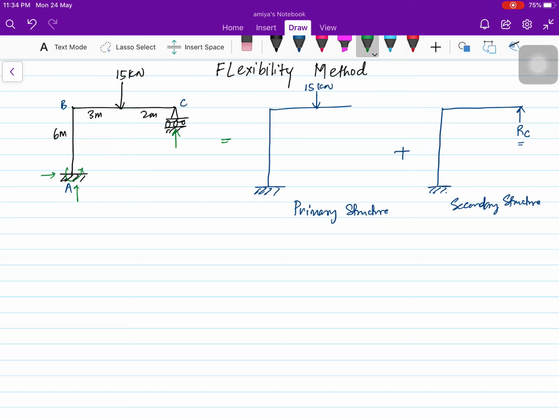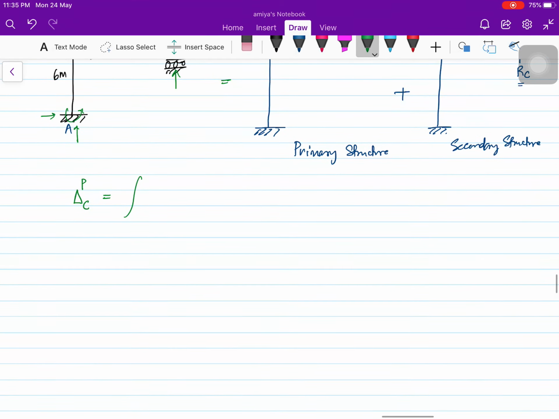For the primary structure we are going to use the virtual force method. So let's take the deflection at C for the primary structure, deflection at C, which is equal to the integration of the real moment multiplied by the virtual moment.